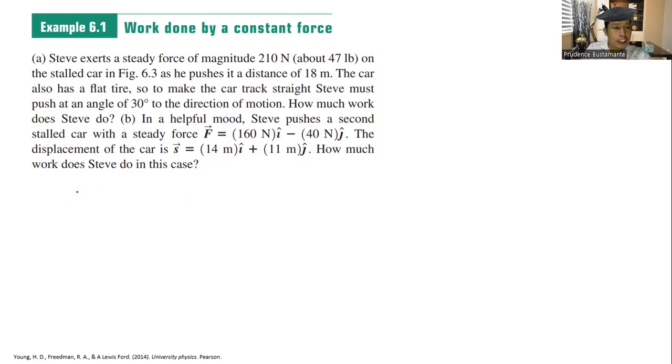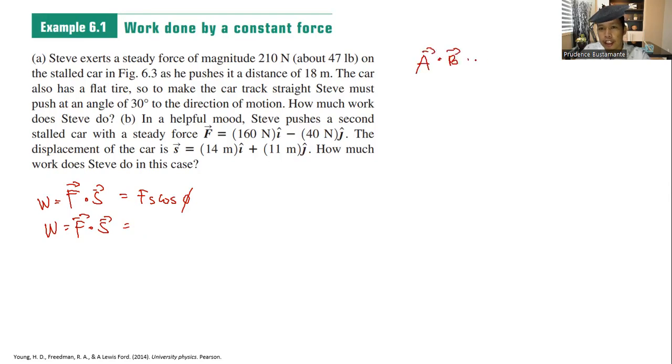By our first video, we showed the formula for the dot product. This is the work: the other one is F S cosine of phi, and the other one is the work F dot S. If you recall, A dot B is equal to AX BX plus AY BY plus AZ BZ.